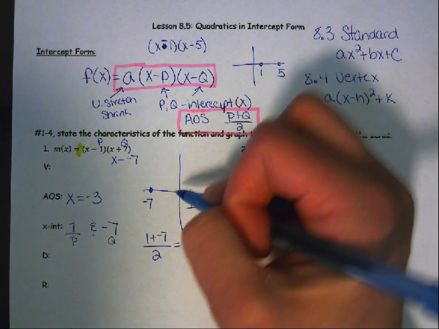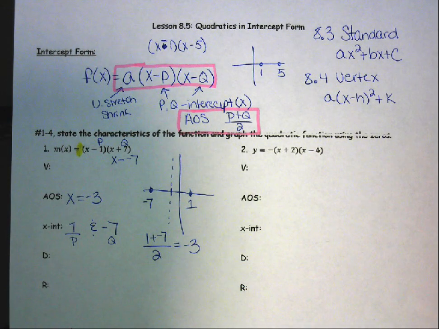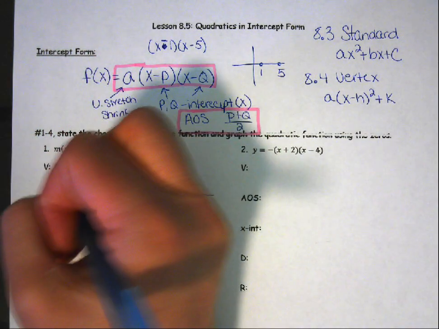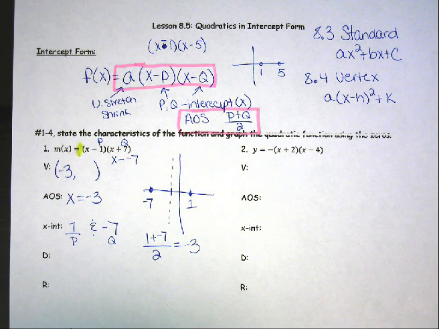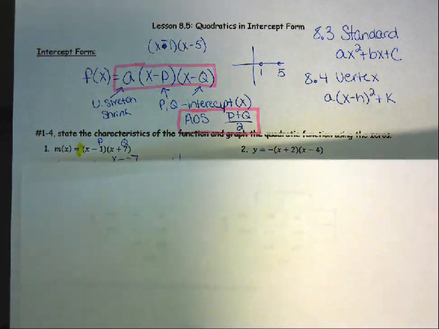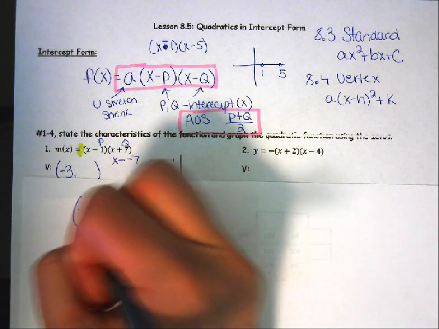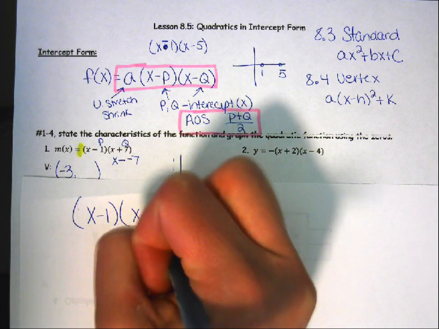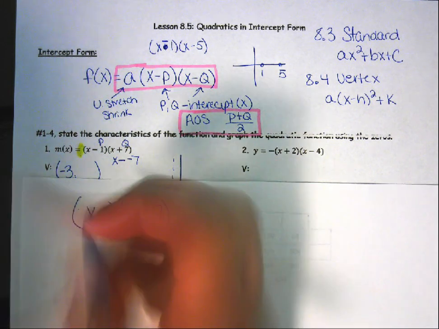So that means at -3, that's the halfway point of our graph, okay? We know that's our first part of our vertex. Now what we're gonna wanna do is take that number and plug it back into the original. Every time I see an x, I'm gonna put the -3.